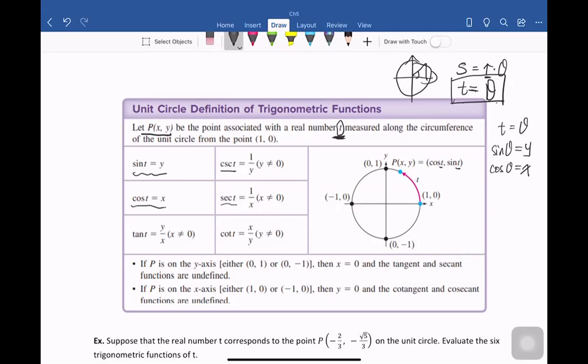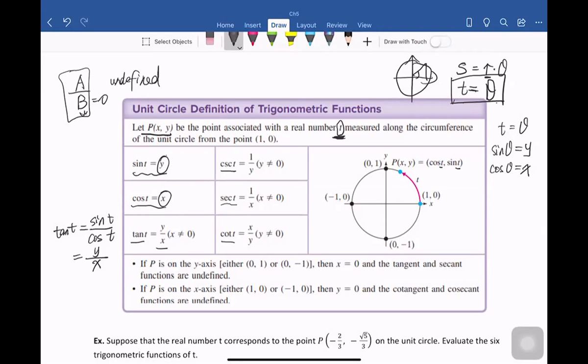For tangent, we have learned that tangent equals sine over cosine, which is y over x. So tangent t equals y over x. Cotangent is the reciprocal of tangent t, that's x over y. And we have learned that for a fraction a over b, if b equals 0, the expression is undefined.